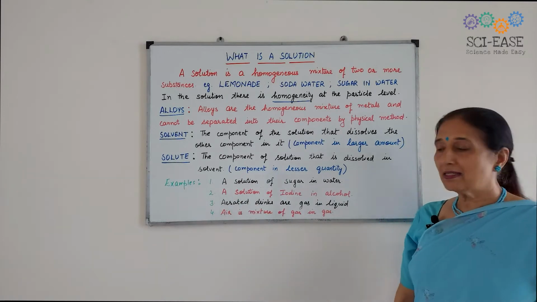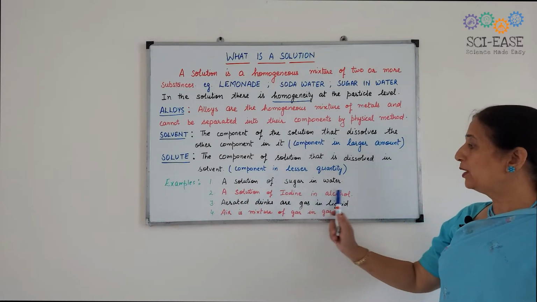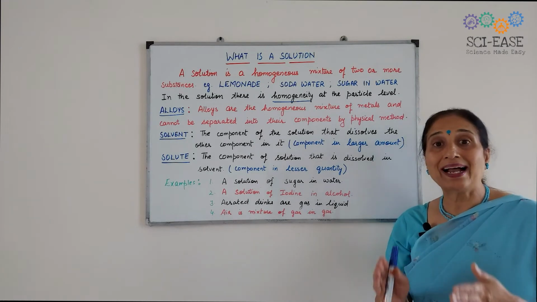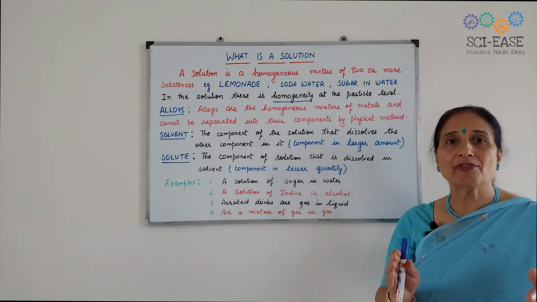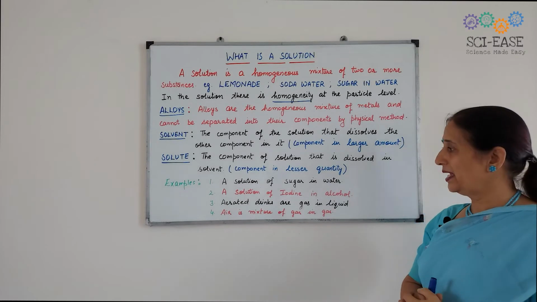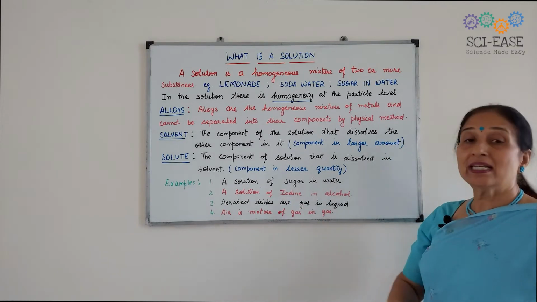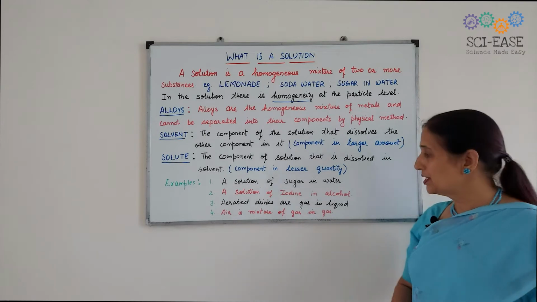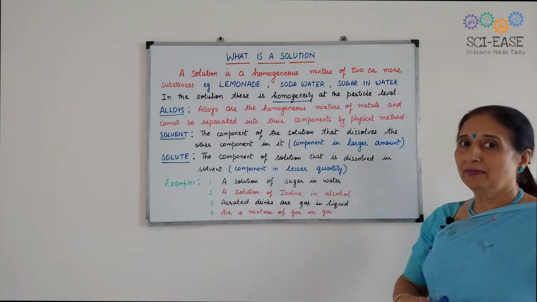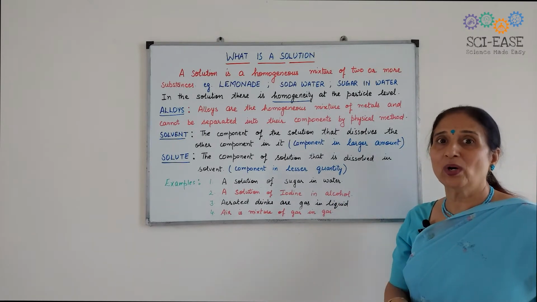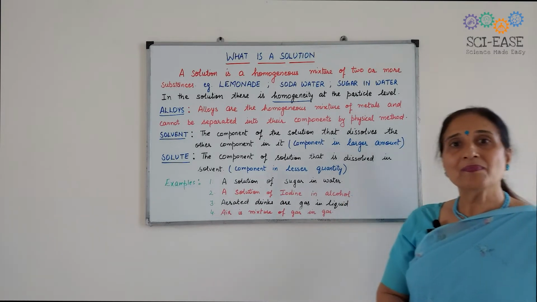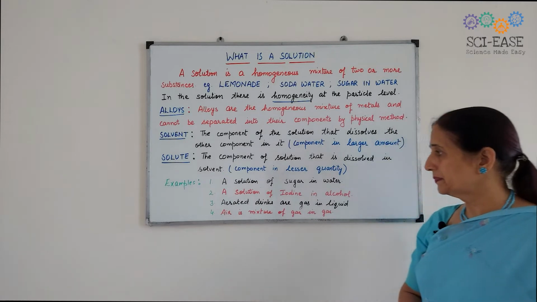Take the second case, a solution of iodine in alcohol, known as tincture of iodine. Here iodine is in solid form and it is the solute, and iodine is dissolved in alcohol, so alcohol is the solvent.